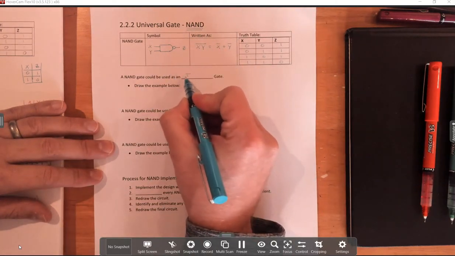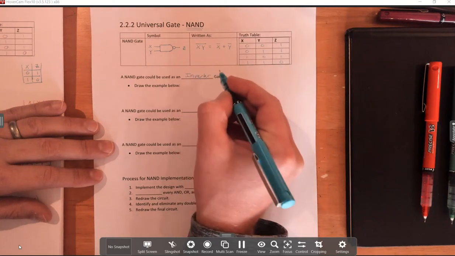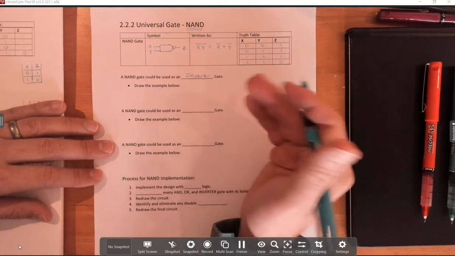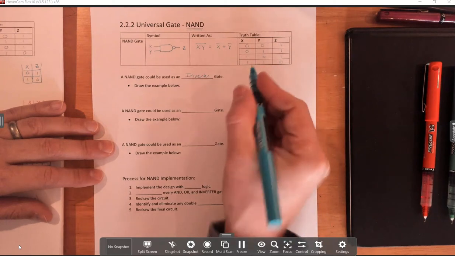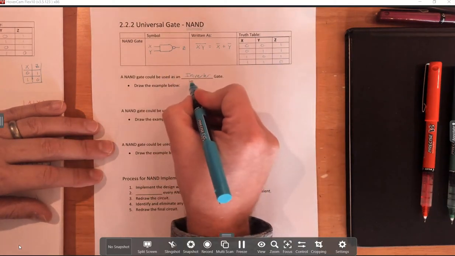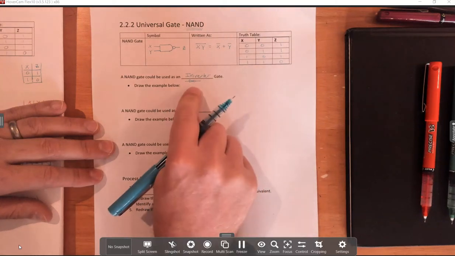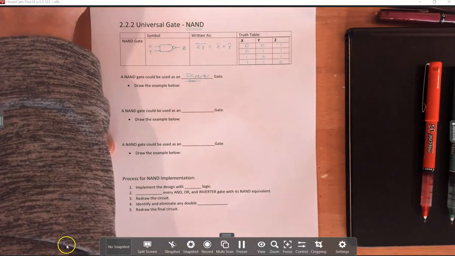So the first one we'll cover is the idea of an inverter. An inverter normally just simply switches the sign, and our classic inverter was this, right? If you can see that. I'll zoom in a little bit.